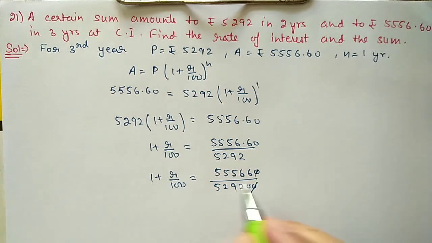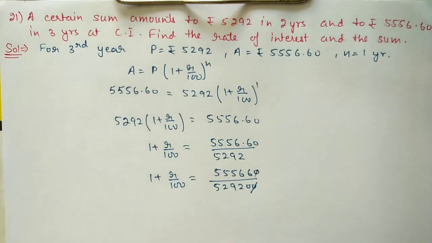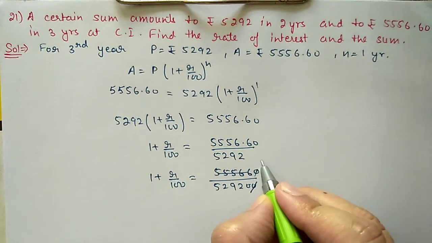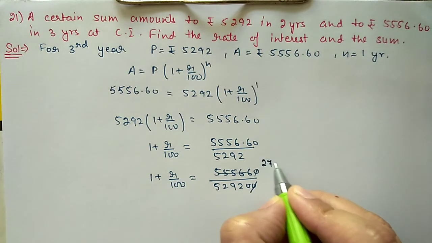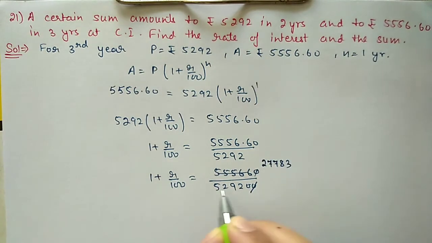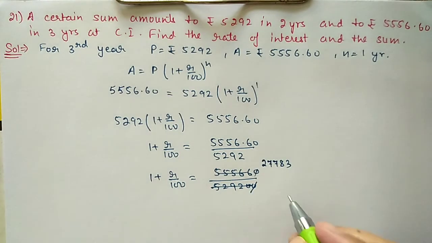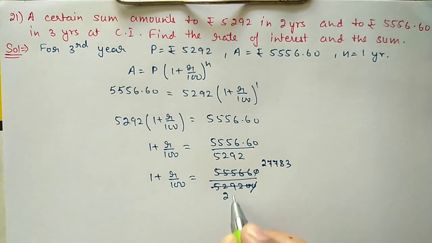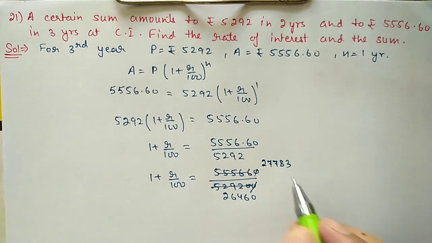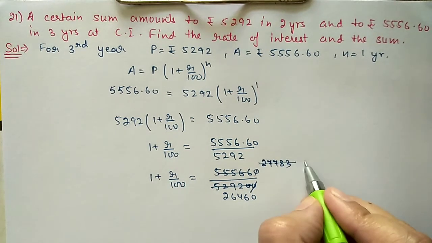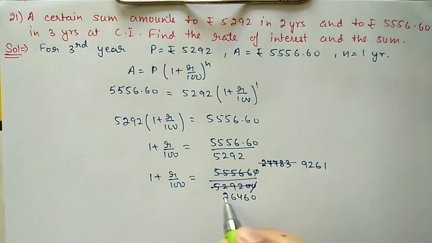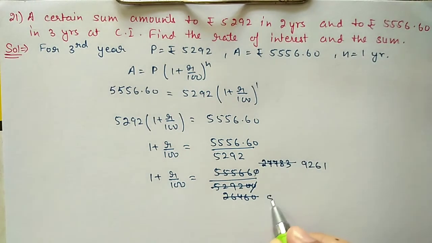After this we will cancel with the 2 table. 2 goes into the numerator 7783 times, and the denominator 26460 times. Again one more time we can cancel with the 3 table, in the numerator and the denominator also.